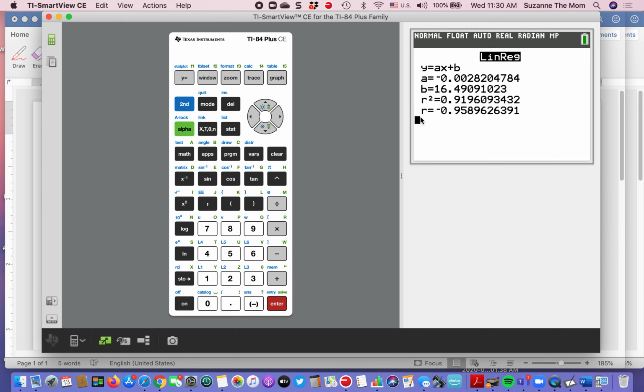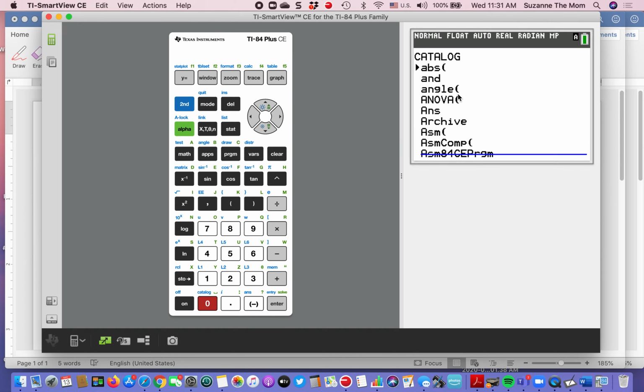If you do not have your R values here, it means your calculator was reset, and you're going to have to turn your diagnostics on. I'm going to show you where to do that really quickly. Go to Second, Catalog. Go all the way down to Diagnostics On.